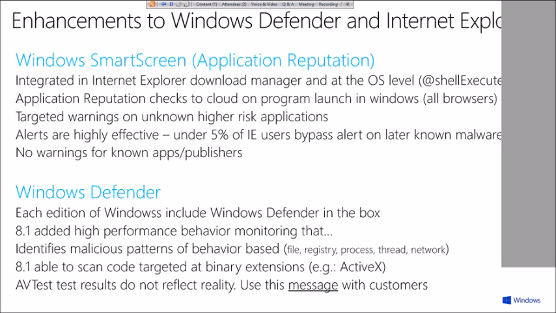Even if you open a malicious website through a third-party browser and you want to download something, SmartScreen will warn you that it is not recommended to visit that website, not recommended to download that file. Are you really sure? Do you really trust this publisher? So this is now part of the operating system itself.